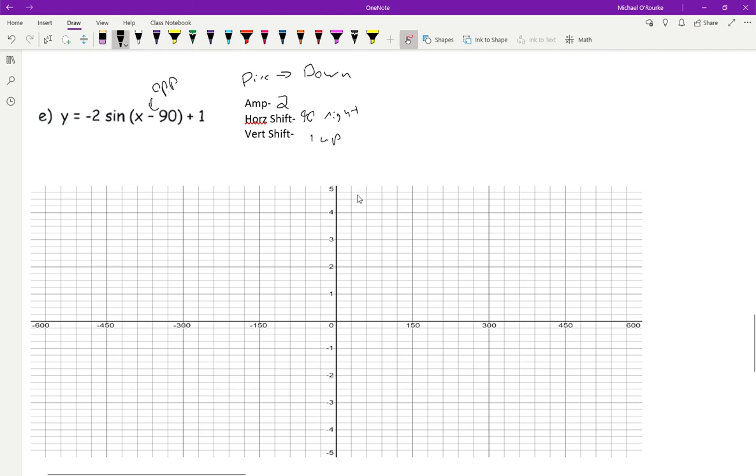Okay? So now, let's graph it. Do you guys want me to put the parent formula on there? Yes or no? Or should we just fire away? Fire away, says Lucas. Okay. So let's find my starting point first.